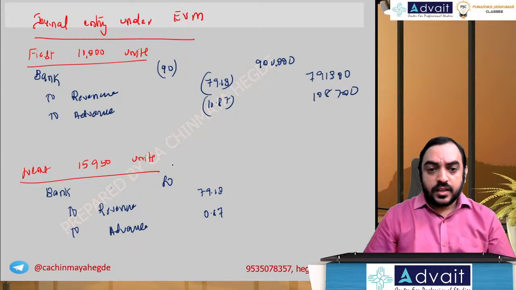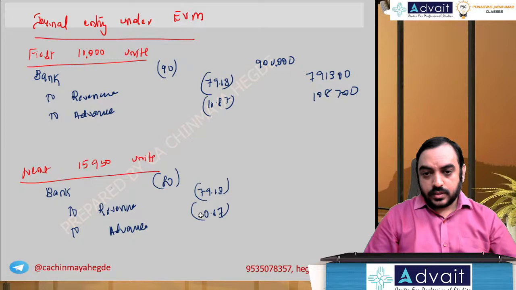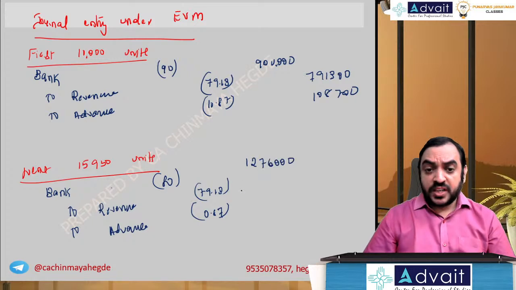So you multiply by 15,950 units. 80 into 15,950, 12 lakh 76,000. 79.13 into 15,950, 12 lakh 62,124, and 0.87 into this, 13,876.